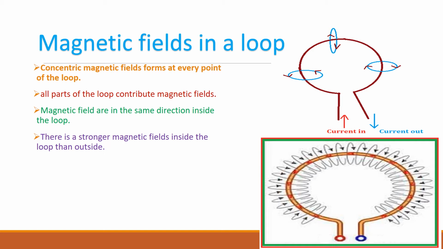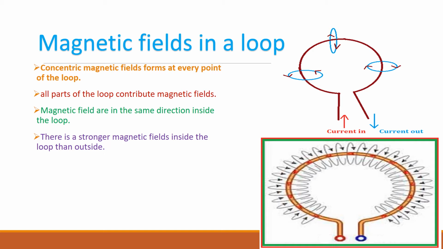So for easy drawing, we usually do not draw all the magnetic fields at any point or at all points. We only choose like 2 points and then draw magnetic fields. Have you noted one observation? The magnetic fields are in the same direction inside the loop.